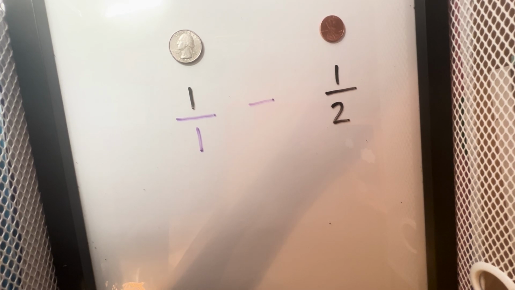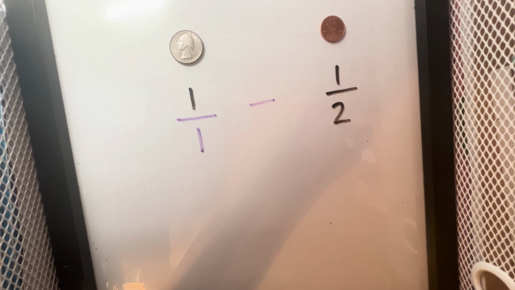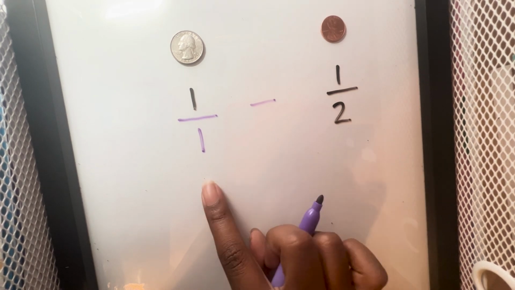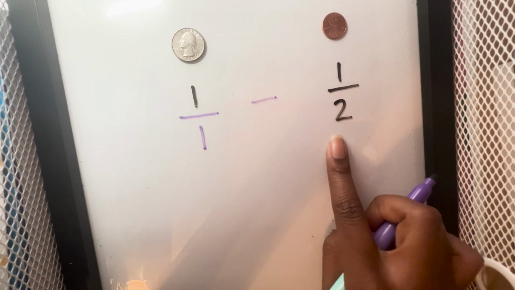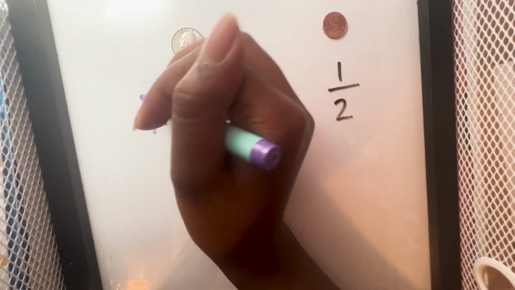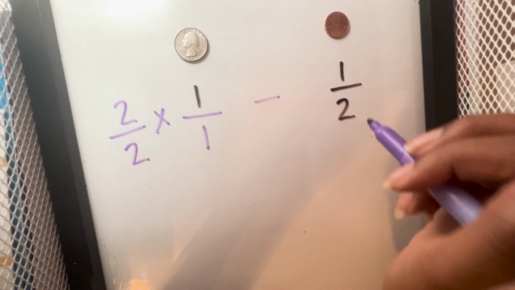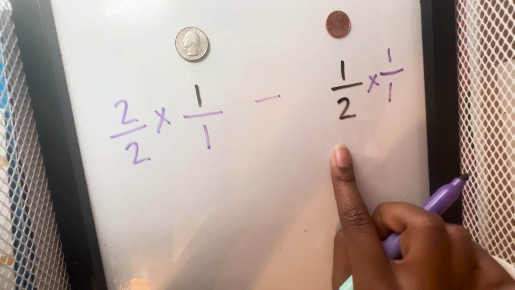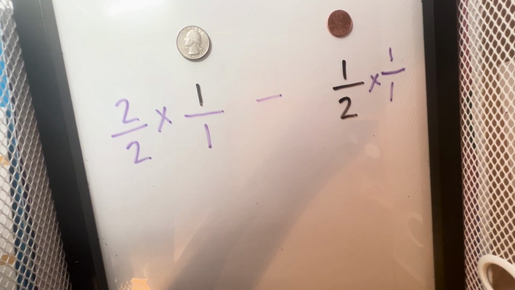And so now that we have that, the next thing that we are going to do is we need to find a number that we can multiply so that the denominators are the same. And that number that we can use is 2. So we can multiply the numerator and denominator by 2, and then multiply this side by 1, so that both sides have the same denominator so that we can solve.